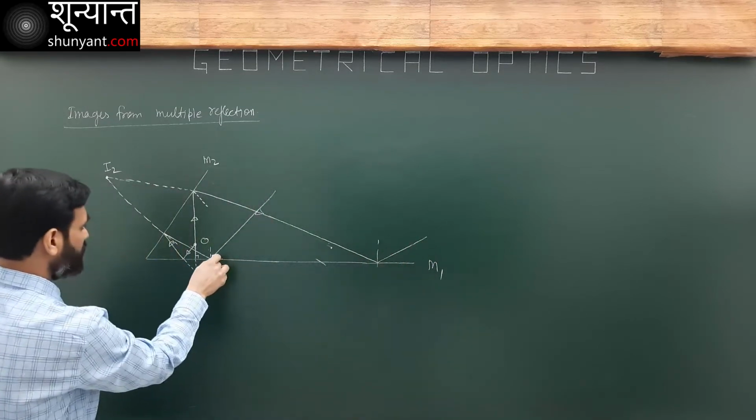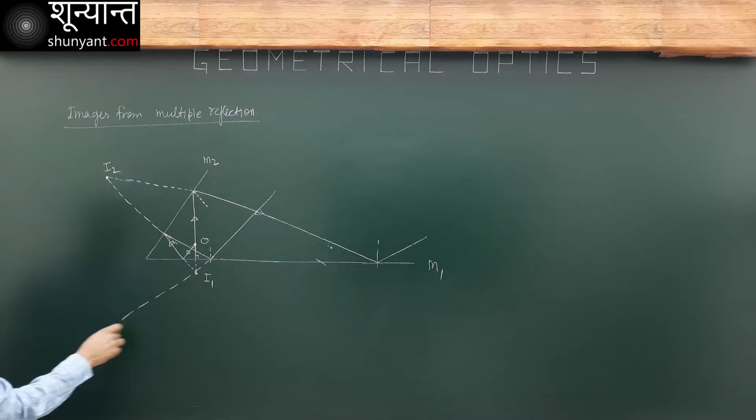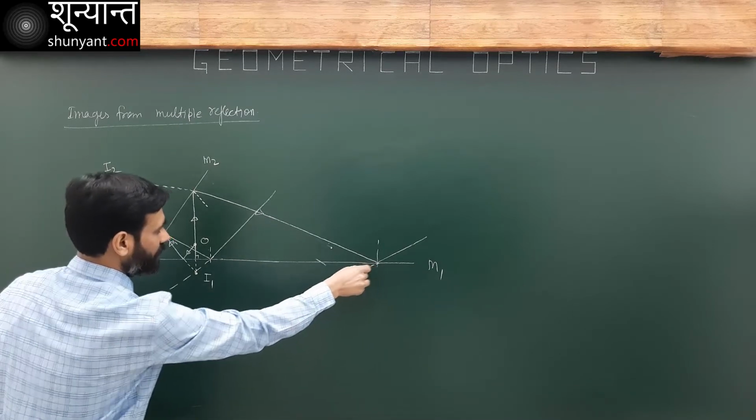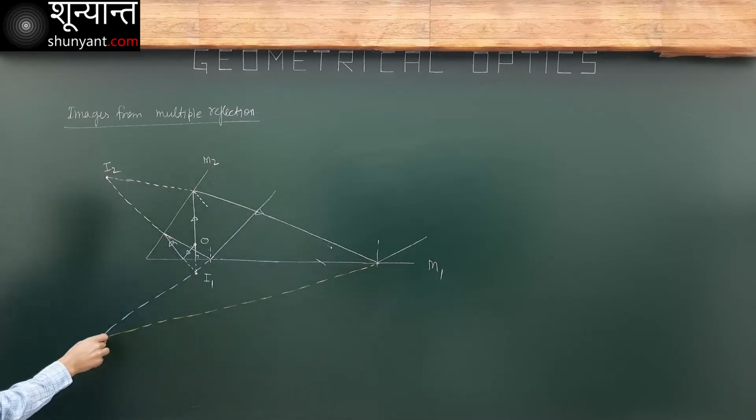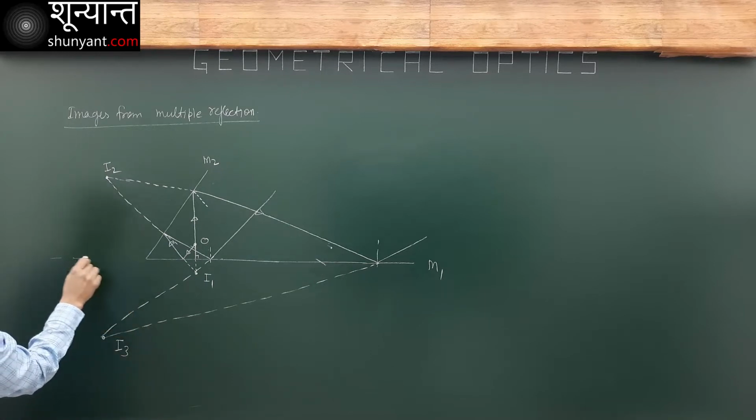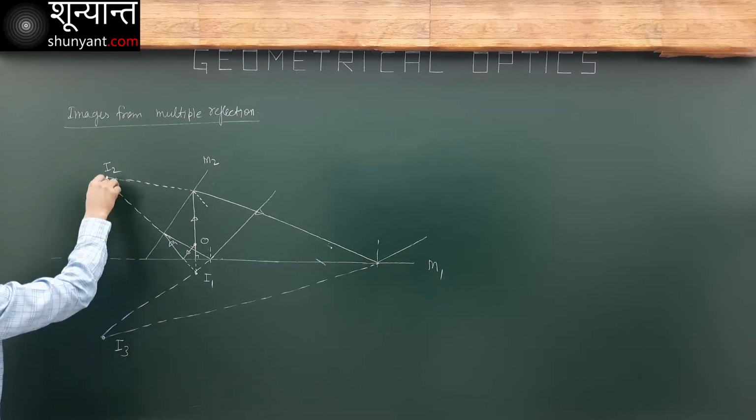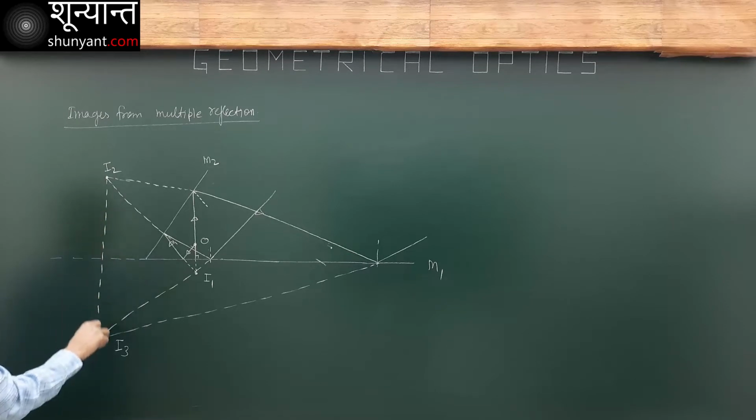If I extend these two light rays, they are going to meet somewhere here. This becomes I3. Now this I3 will be at the same distance behind the mirror as this I2 is. If this is D, this is going to be D.